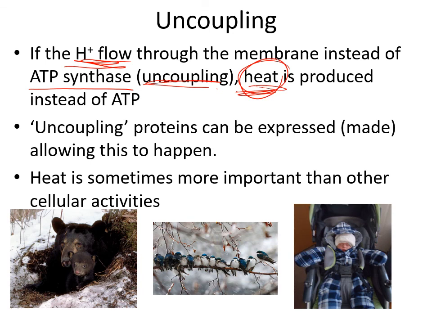So you can think of certain animals such as birds trying to stay warm in the winter, or hibernating bears, or even you when you were a baby with more surface area to volume ratio. You may need to generate a lot of heat in order to keep your body temperature at what it needs to be. So allowing this uncoupling of ATP synthase is one of those ways that our body does generate heat, and it does so by having these special uncoupling proteins destroying the gradient instead of using it to make ATP, and in the process making heat, which sometimes is very valuable.